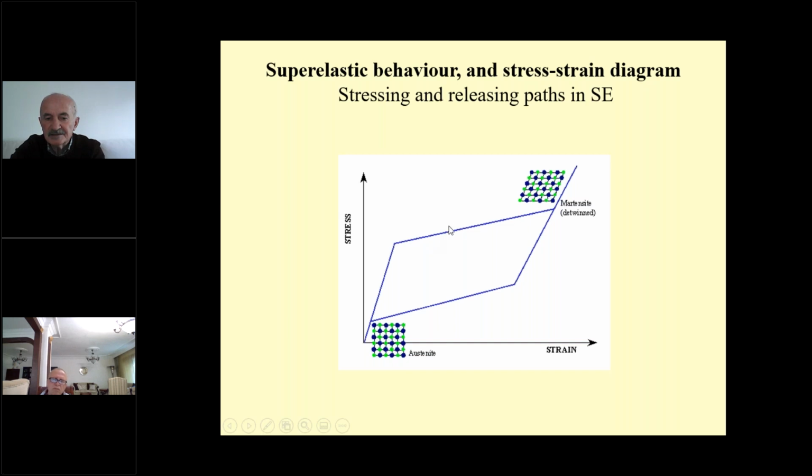As you can see, the stressing and releasing paths are different, and this hysteresis loss refers to the energy dissipation. It means that even if stressing or deformation is very quick, releasing is very slow.